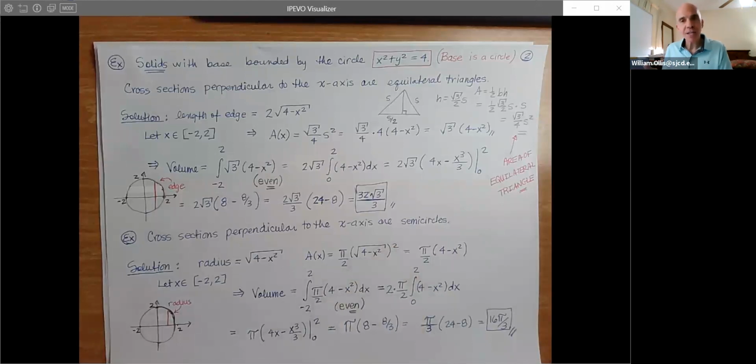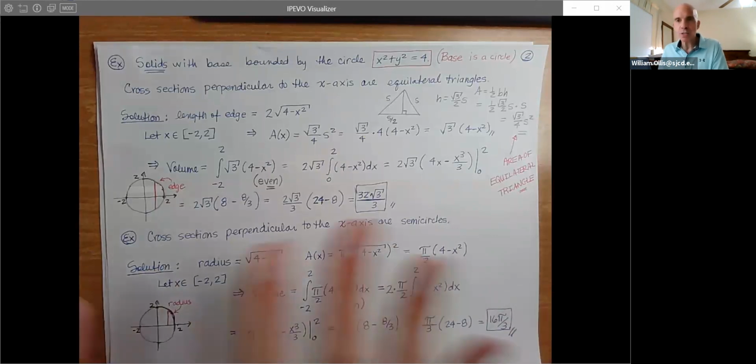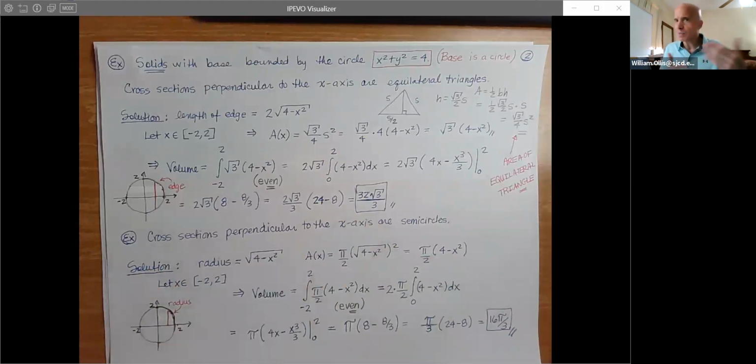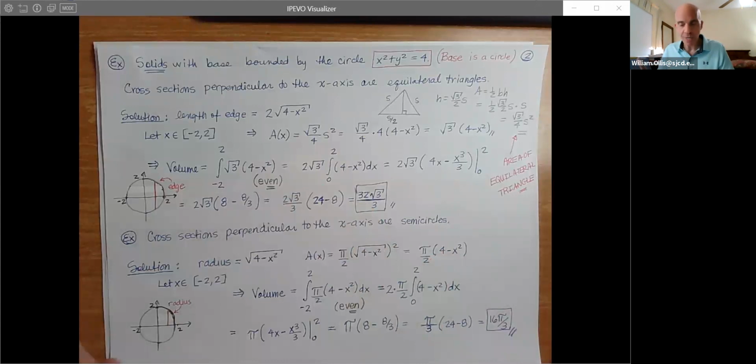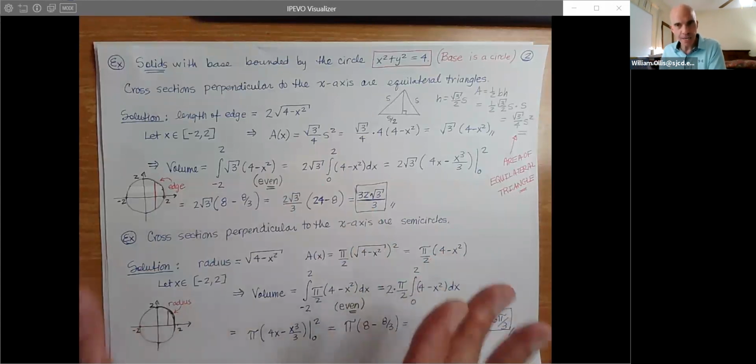So again, this method is dependent on knowing the cross section and knowing the area. So don't look at this as being difficult in the sense of the shell method or the disk method. Those are much more complicated and easier to apply in more general settings. This is a very specific setting.